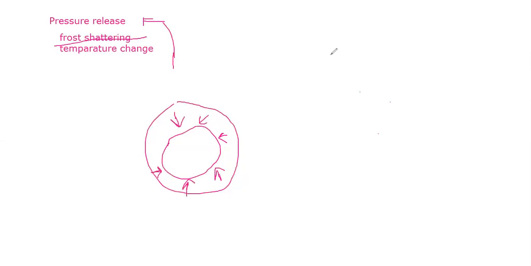Now, this process is what we call exfoliation, or what we call onion peeling. I also explained this in pressure release, so it basically is the same thing happening.